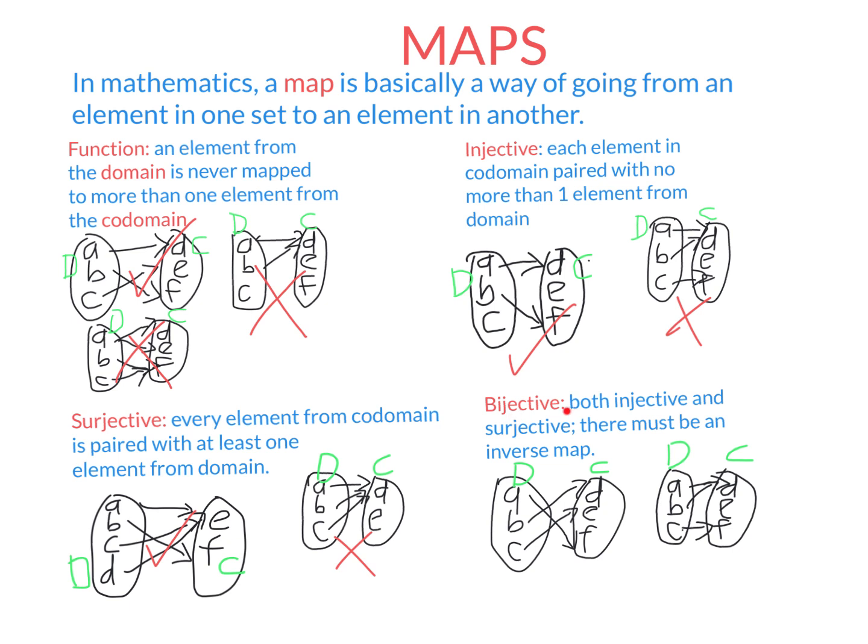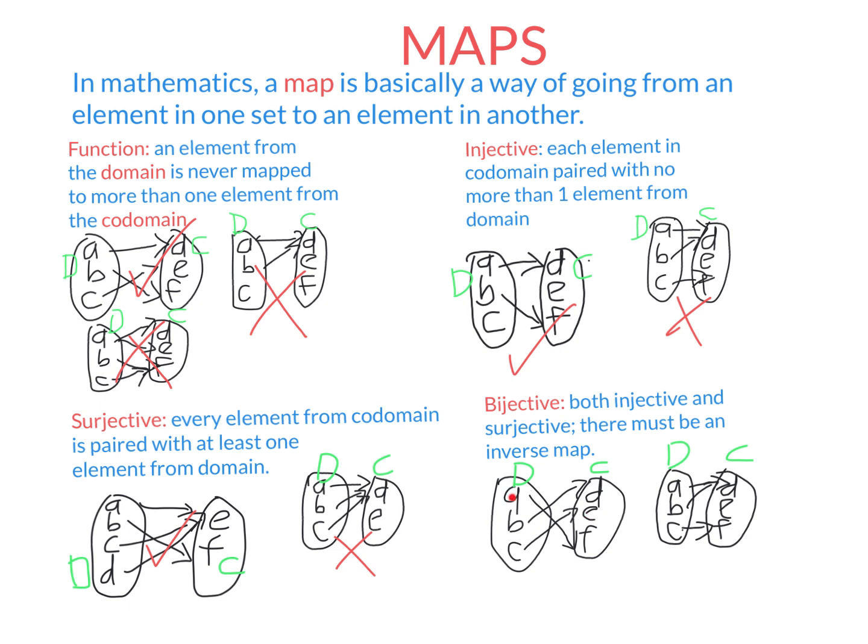Bijective means that the map is both injective and surjective, of course, those definitions we just went through. So this map here is bijective. Bijective basically means there's a perfect correspondence between elements in D, the domain, and elements in the codomain.